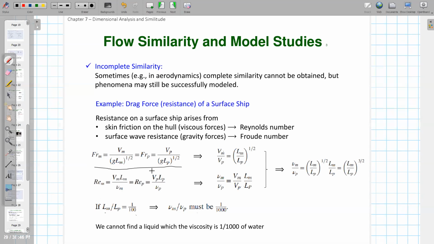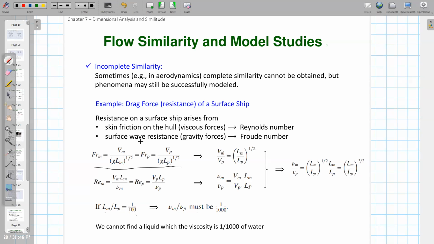And then we can try using some post processing. We make sure the Froude number is the same. So we get some experimental data, and then we analyze the experimental data. We try to apply some fixes on the experimental data so that the result will be close to the realistic solution results.